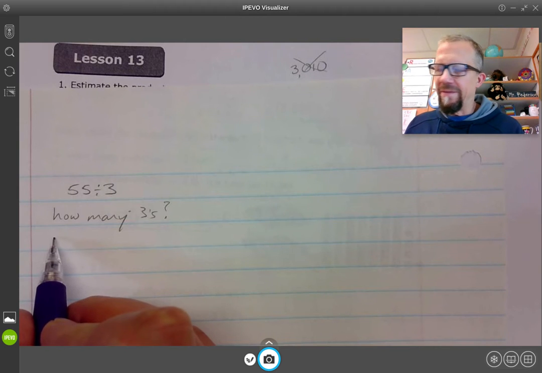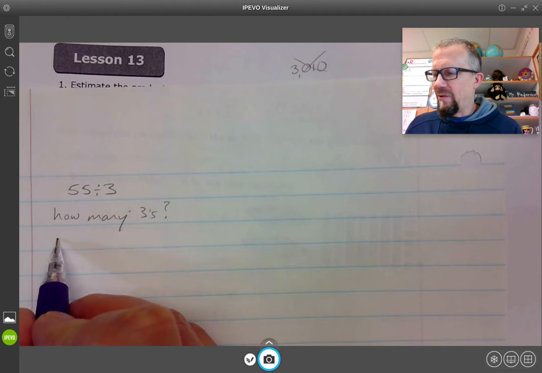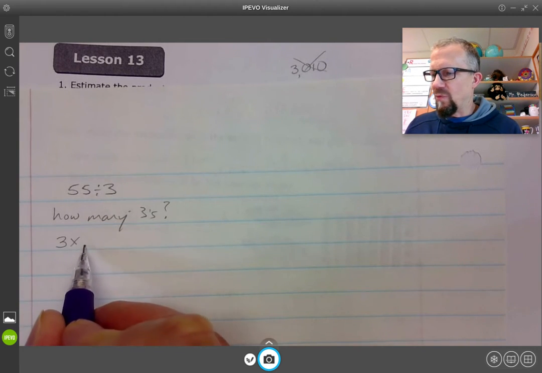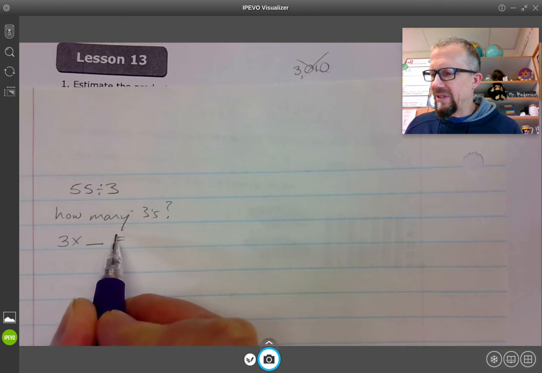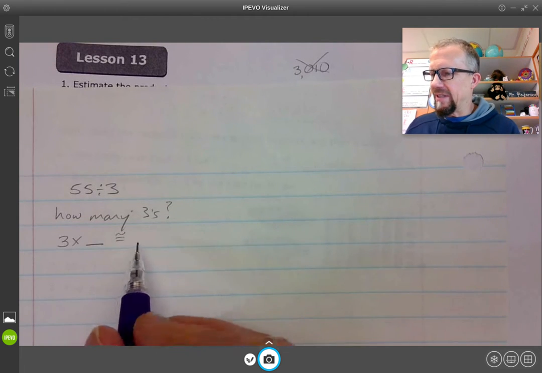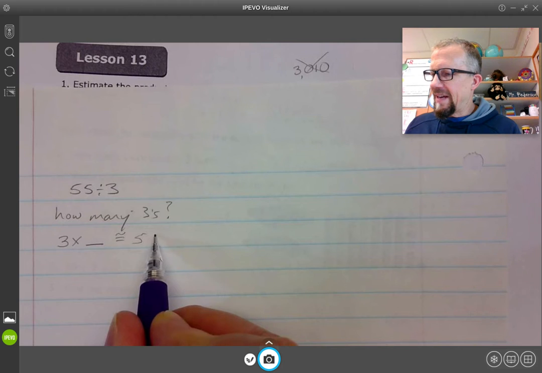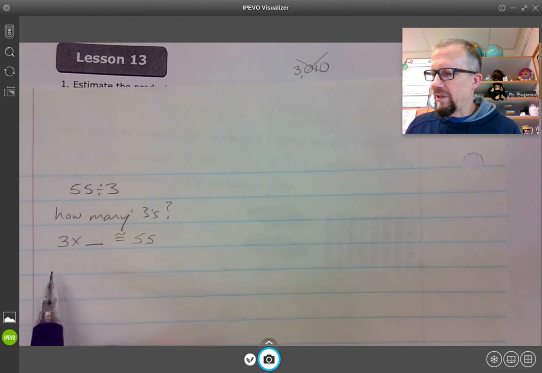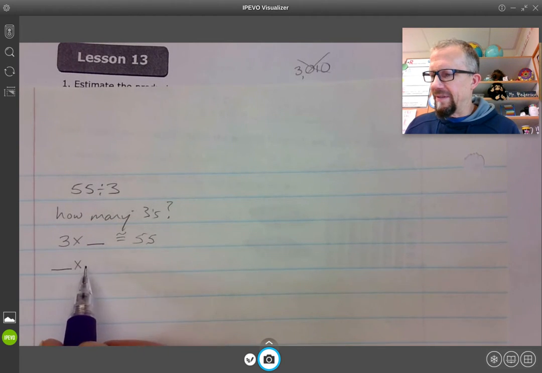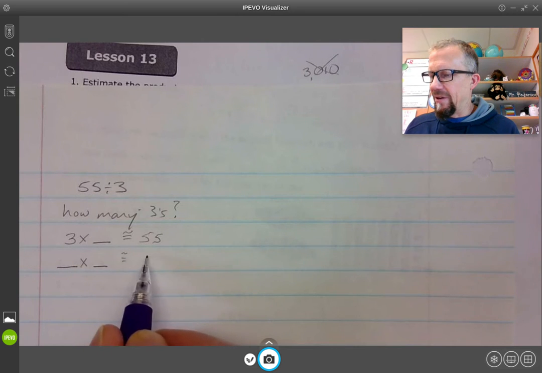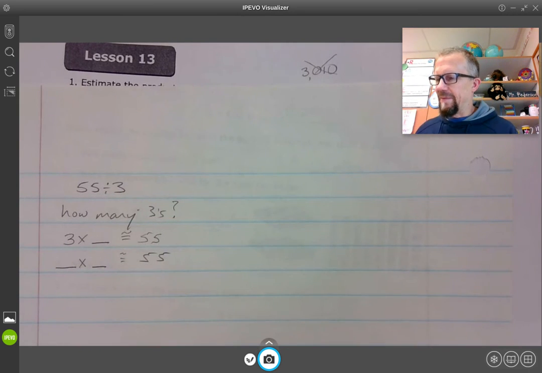So if you remember fact families, we are talking about 3 times what equals about, that's the about sign, 55, or how many groups of 3 is about 55. So we know there's going to be a lot of 3s.